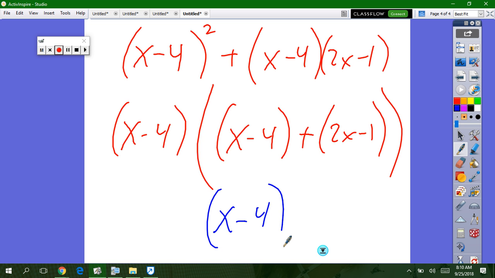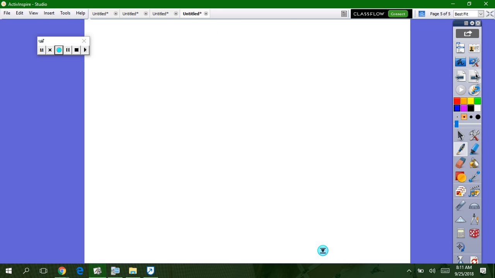And then this becomes 3x minus that. Okay. Any questions on basic factoring? Pulling out GCFs, right? That's basically 5-4 in a nutshell. Pretty simple. Okay. All right.